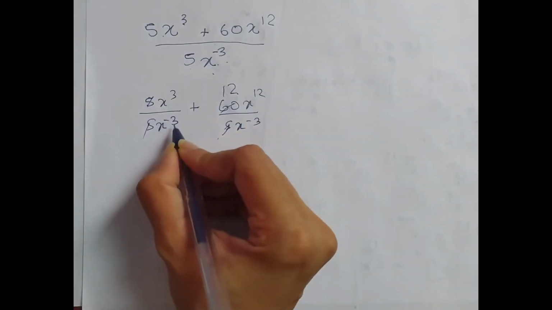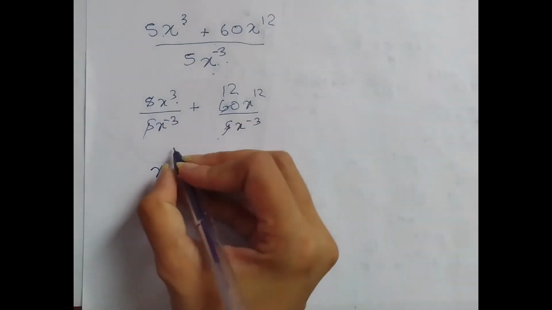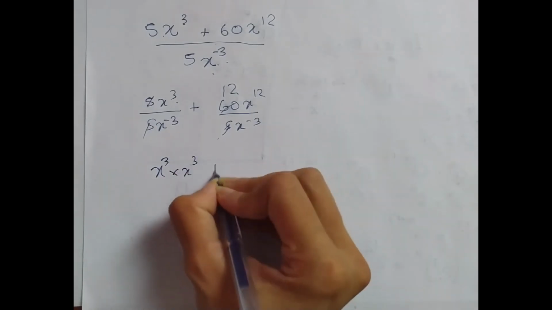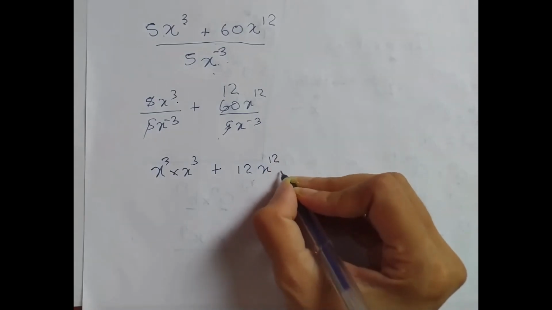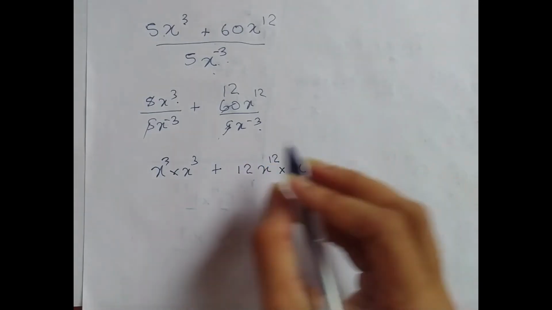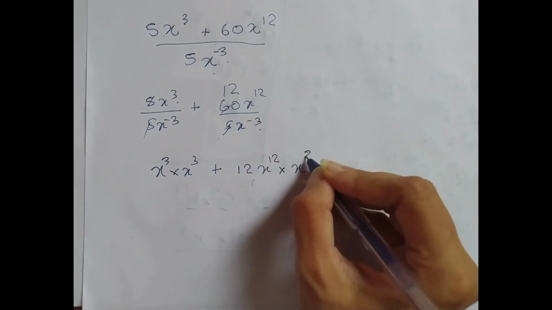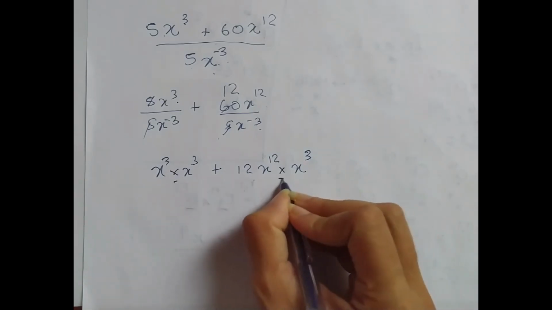And you can take minus 3 to the top here. So then x to the power 3 times x to the power 3, plus 12 times x to the power 12 multiplied by x to the power 3. So what is the answer? Here this is multiplication, this is multiplication.